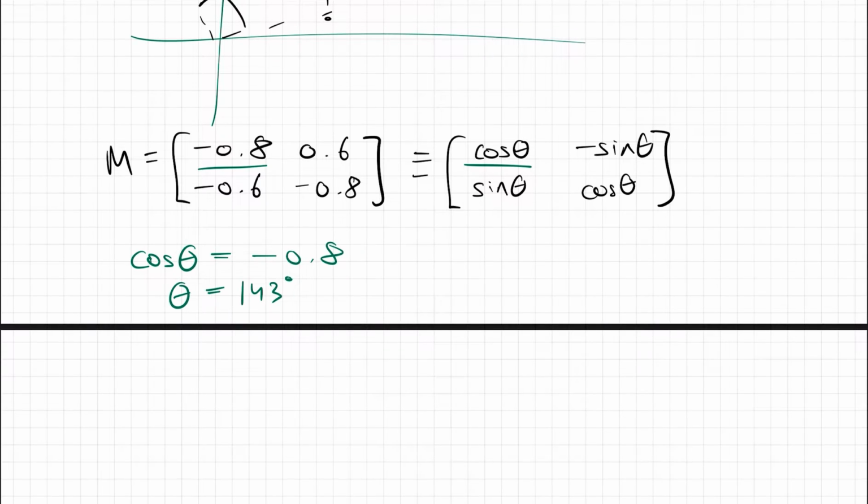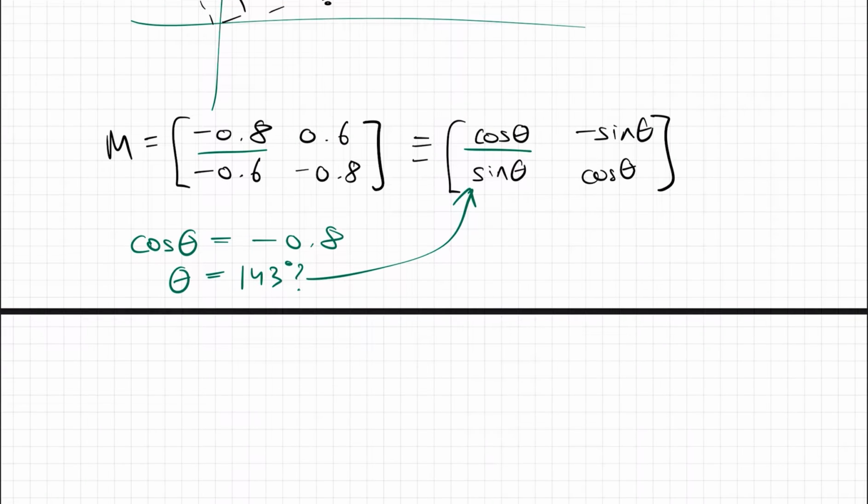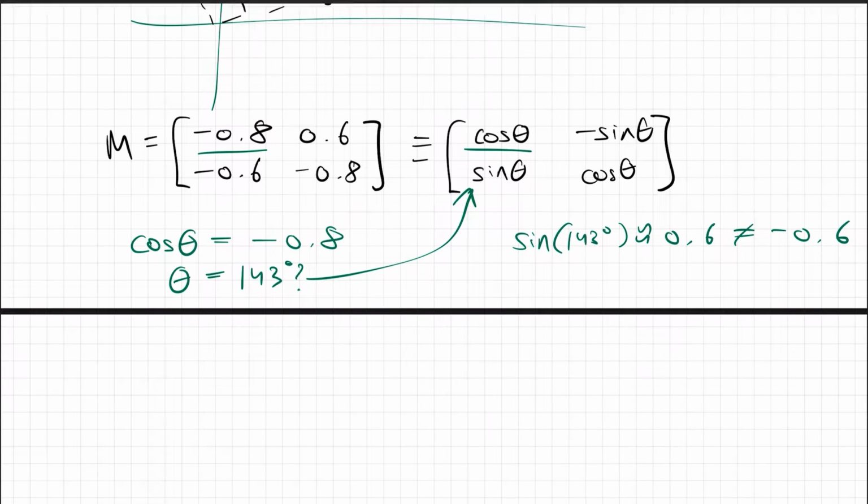Well, this is actually wrong. And you see, if I put my 143 into sine of theta, we're not going to get minus 0.6. Sine of 143 is actually going to give us positive 0.6, and it's not equal to negative 0.6 like it should be.